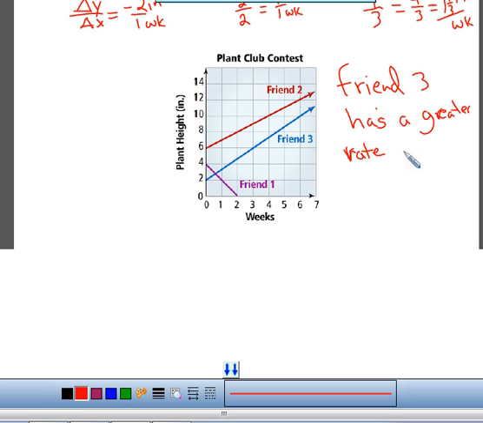A rate of, we'll call it growth for these because these are plants. So what's that mean? So his plant grew faster, or her plant. It grew the fastest.